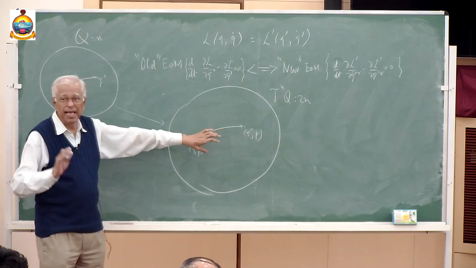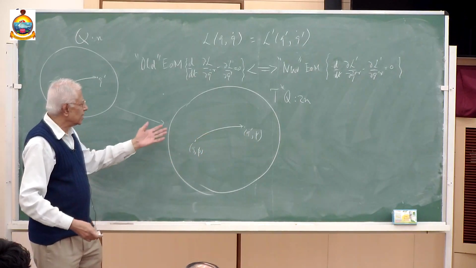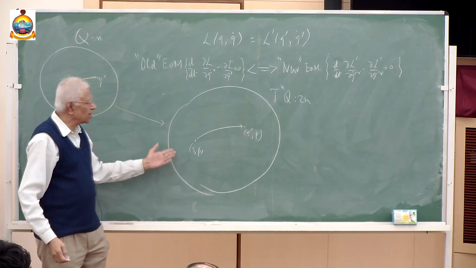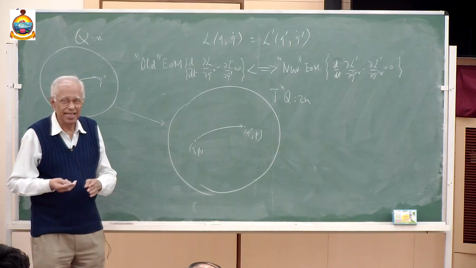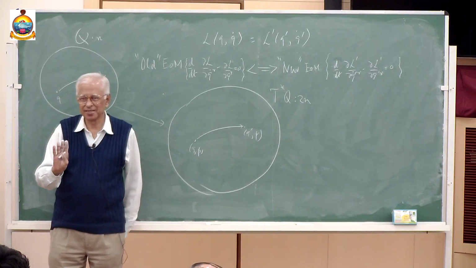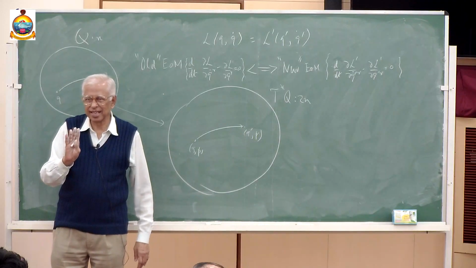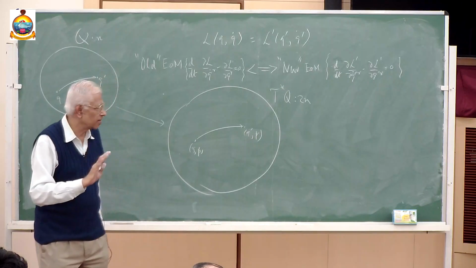Here, a lot of restrictions. Even so, and that is what you meant by rigid, the group of all canonical transformations is immensely larger than the group of all point transformations. You must keep these ideas in mind. Very important.